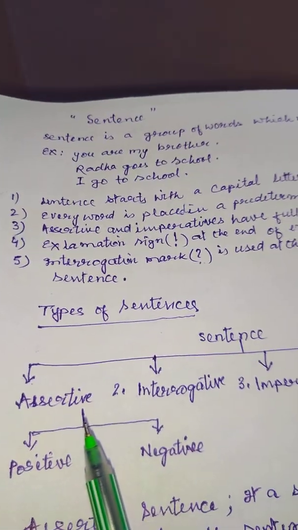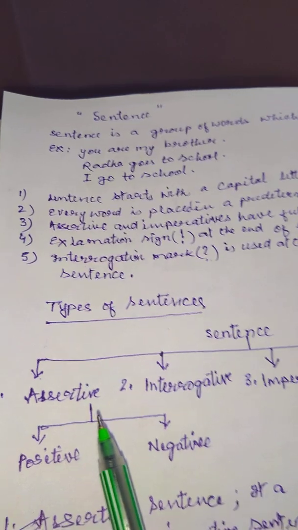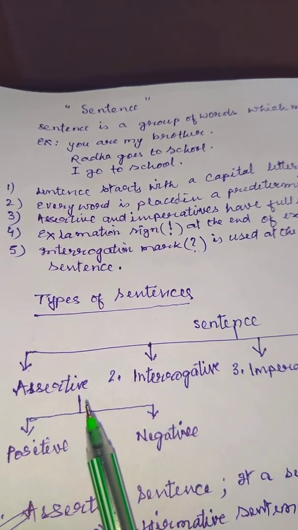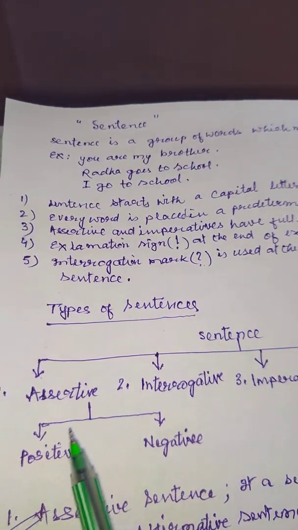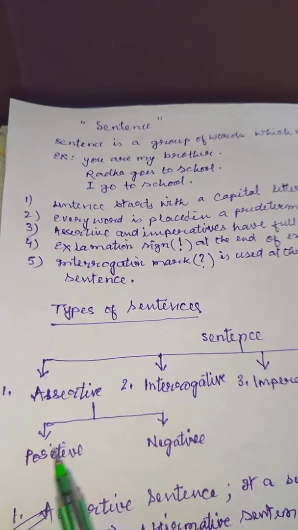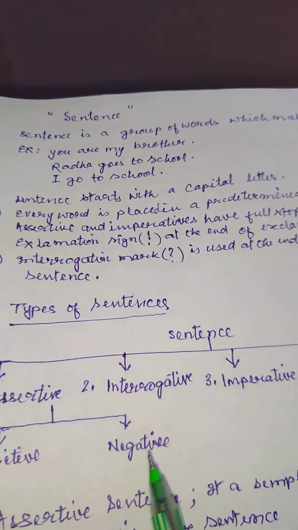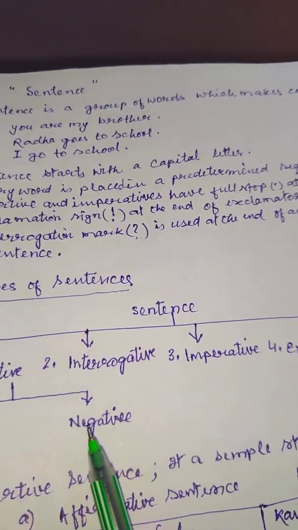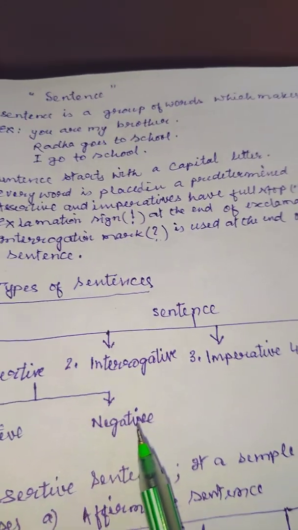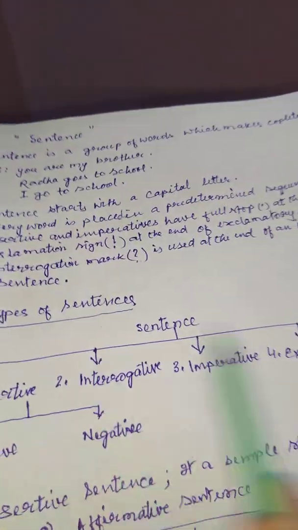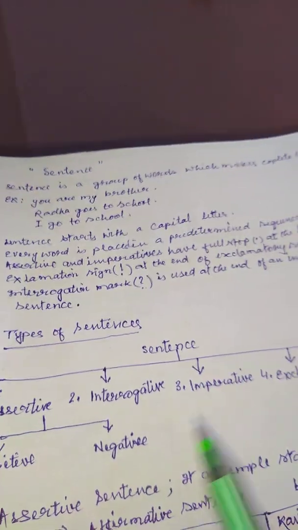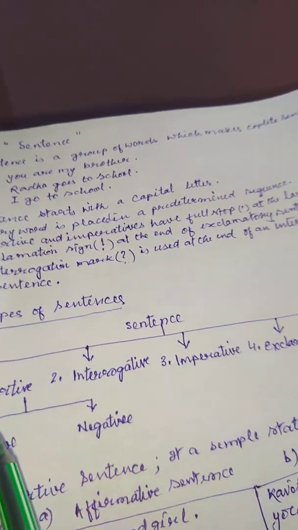And as we have taught you in the earlier classes, an assertive sentence can be divided further into 2 parts. The first is the positive or affirmative sentence, and the other one is the negative sentence. Okay, these were the 5 types of sentences. Now we will go into detail for every sentence.